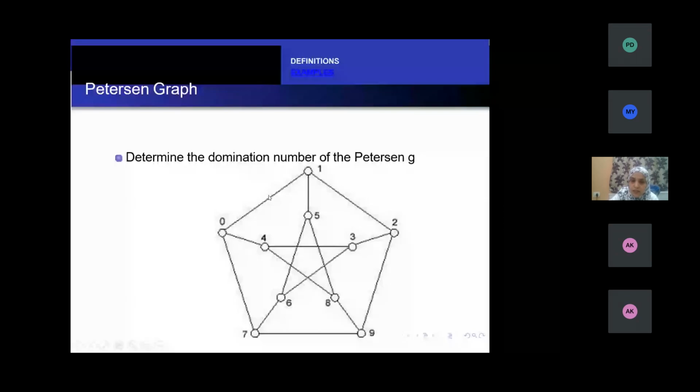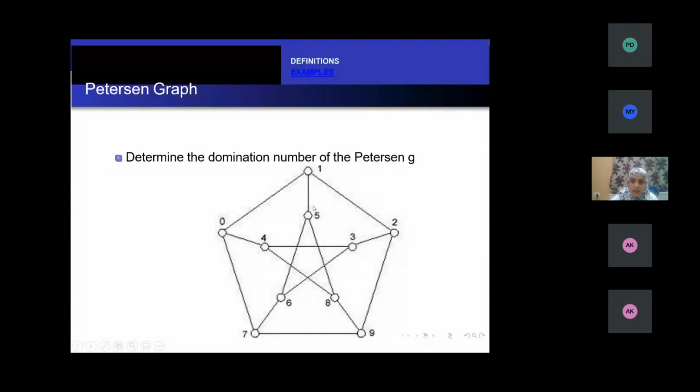Vertex 1 has only 3 degrees, 1, 2, 3. And vertex 5 also has 3 degrees. So we have to select vertices which have more degree. That will also be helpful to calculate the dominating set vertices. So we take vertices which dominate the whole graph.